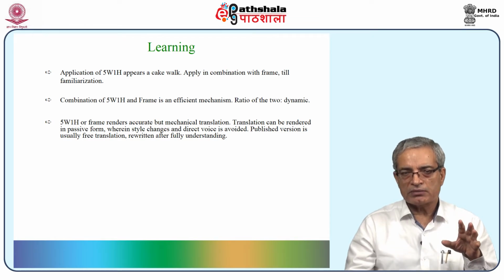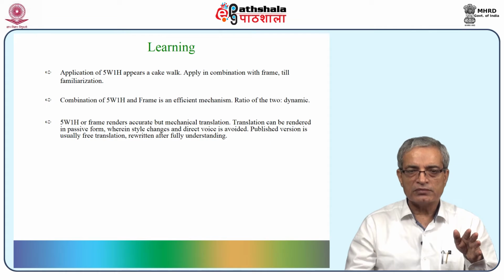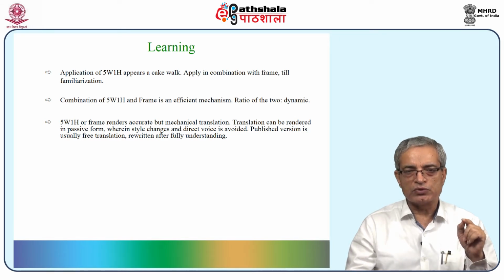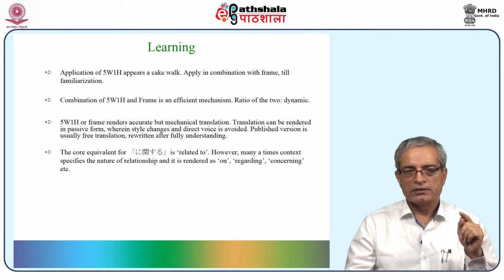So translation can be rendered in passive form where style changes and direct voice is avoided. And the published version, as it was there in the last example, is usually rewritten for translation after you have understood the component very well. The core equivalent for ni kansuru is related to.